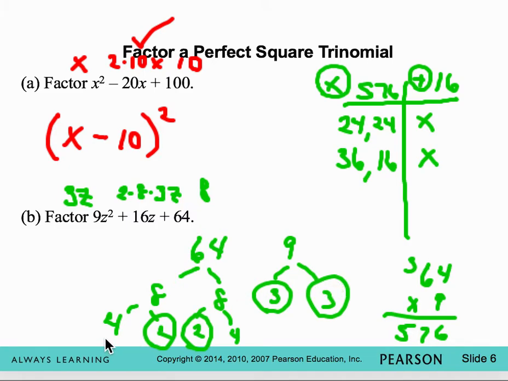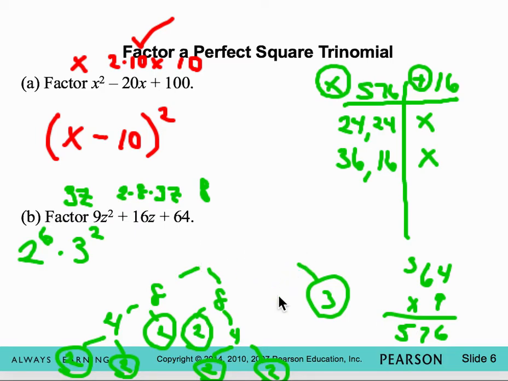All right. So in the end we have 1, 2, 3, 4, 5, 6 2's and 2 3's. Okay, so let's see if we can rearrange this a little bit. Let me get rid of this and get us some room.